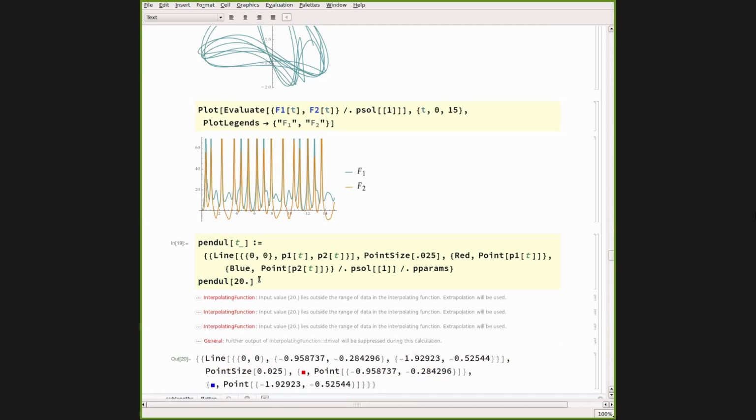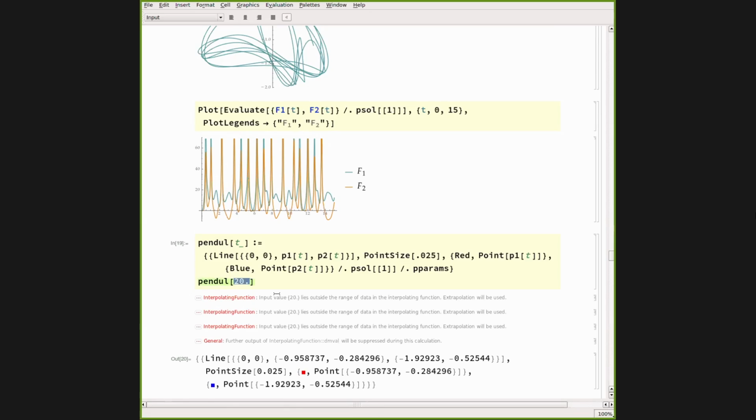If you compute it for other values, like for example, you can see that we have used the time domain from 0 to 15, and I wanted to compute what the pendulum position will be at time 20.